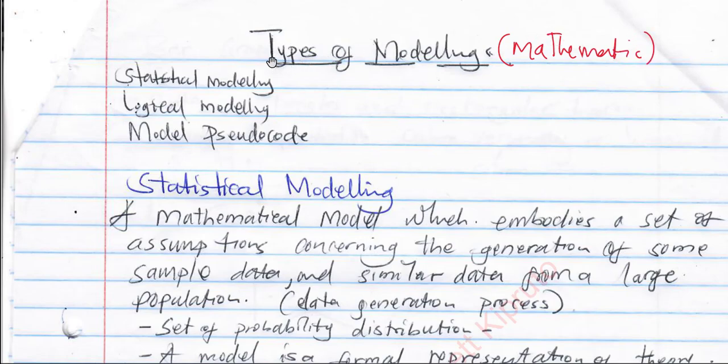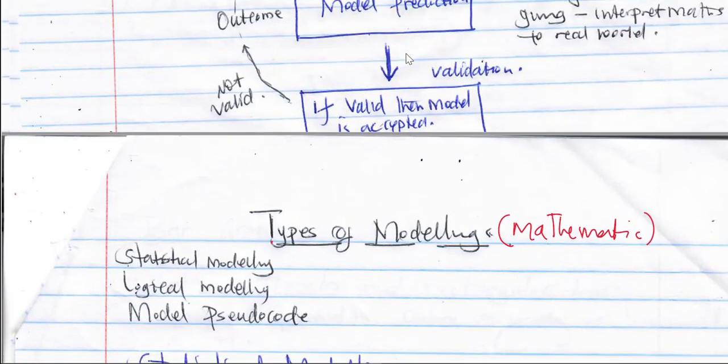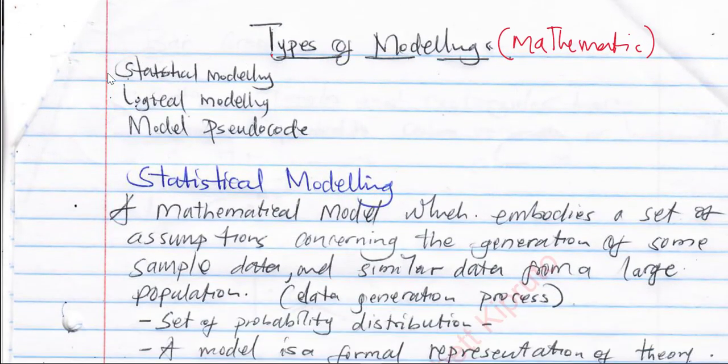Then from there, let's look at the types of modeling in mathematics, and we shall cover three: statistical modeling, logical modeling, and model pseudo code. And even we have others that we shall cover on the way. So the first part, we are talking of statistical modeling, which embodies a set of assumptions concerning the generation of some samples of data.